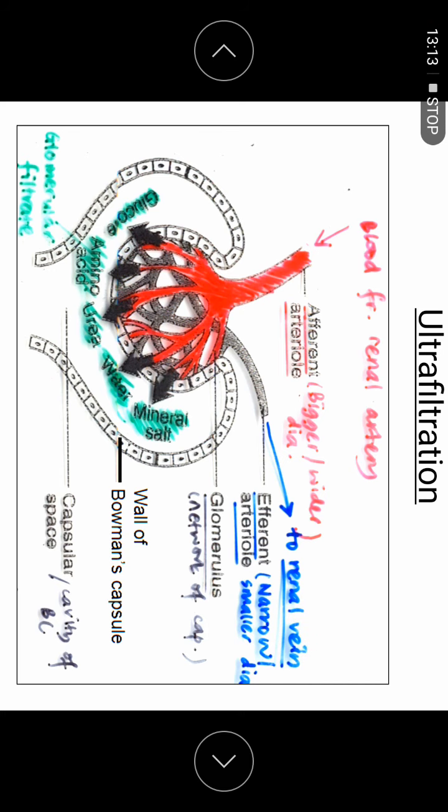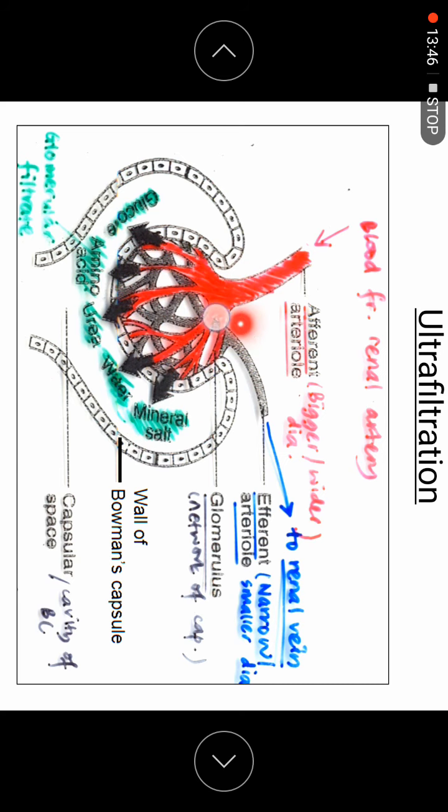So why do we have this filtration? Ultrafiltration means, ultra means very high pressure. You see the reason here. Because of the bigger diameter of the afferent arteriole, the renal vein will have a narrower and smaller diameter. This difference in diameter causes a very big pressure, and this big pressure will push everything into the Bowman capsule.